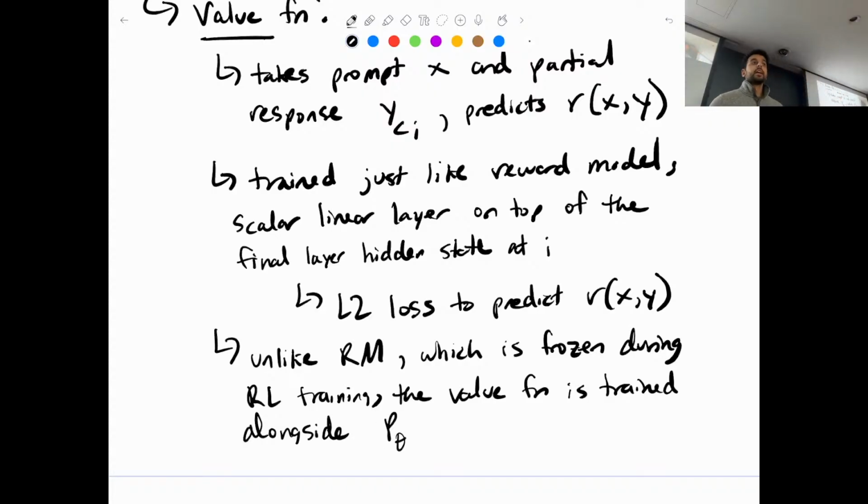And that's because the value function is constantly getting samples from the policy as input, and partial samples, and trying to predict the reward. As your policy model is changing, you may need to change your value function as well to get a better estimate of things that your model is actually generating at this point.